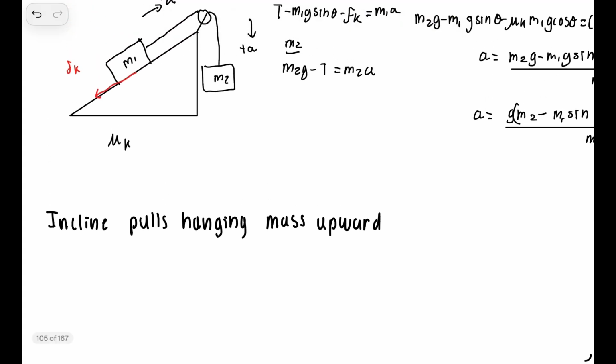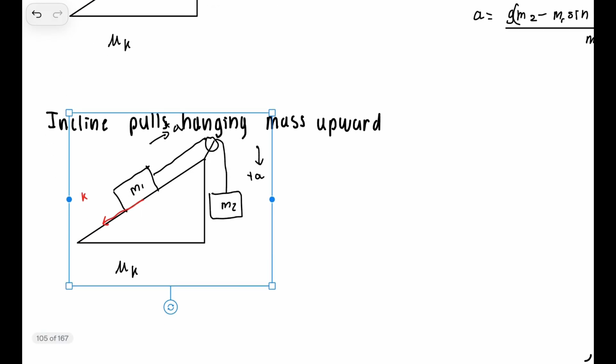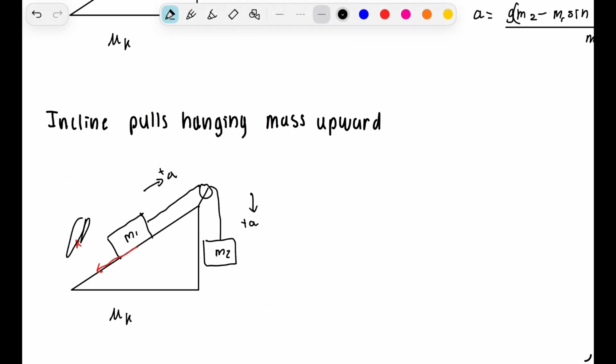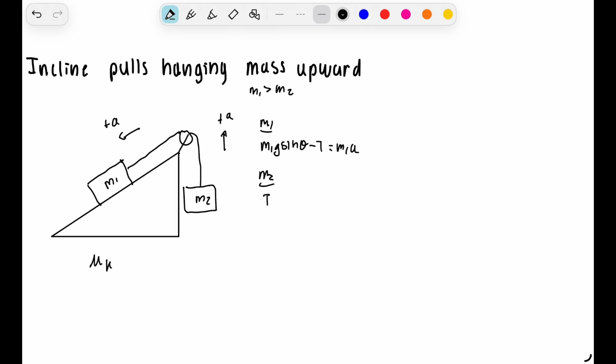So if we have our mass, say we don't have friction. So if M1 slides down, it's pulling M2 up this time. We're reversing the direction, which means that M1 is greater than M2. For M1, we have M1g sine theta minus T is M1 times a. For M2, we have tension minus M2g is equal to M2a.